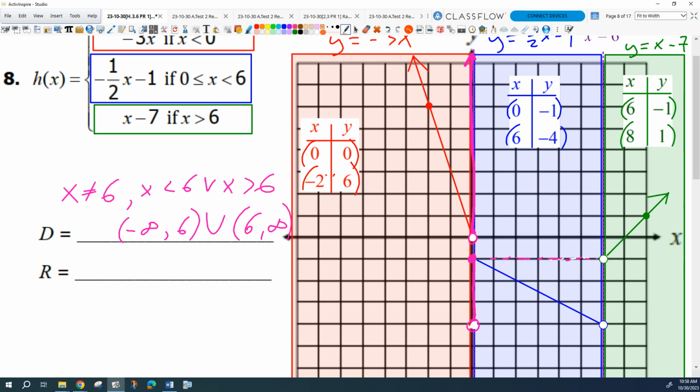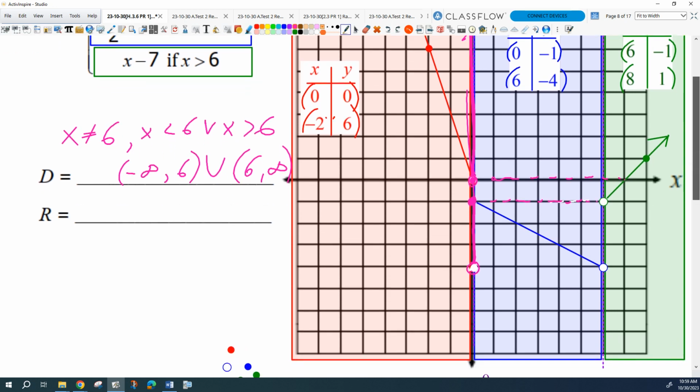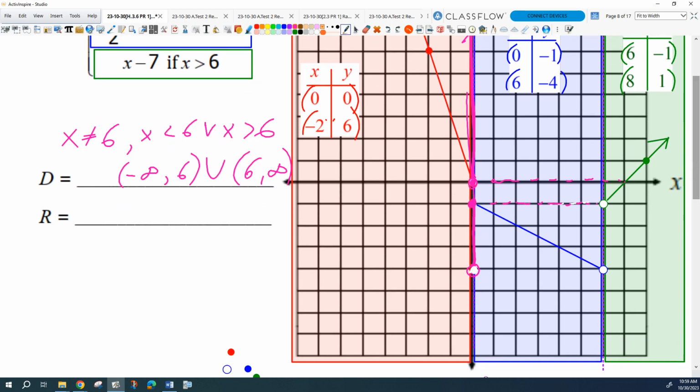It's going to fill in everything above that, isn't it? If I superimpose all these points, that one right there is going to fill in that open endpoint, and then the rest of it just overlaps, doesn't it? So that's our range.